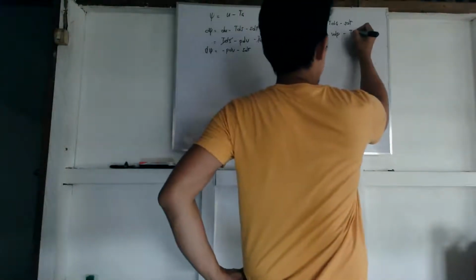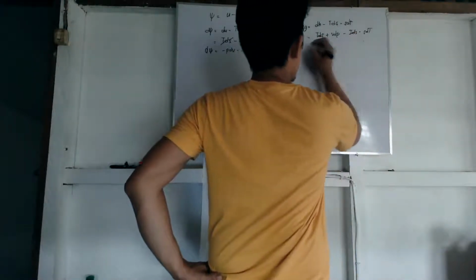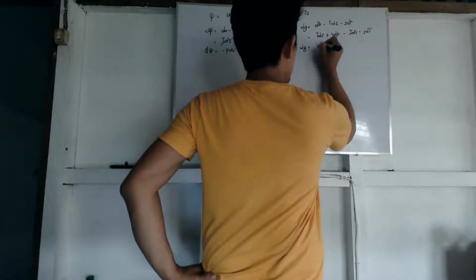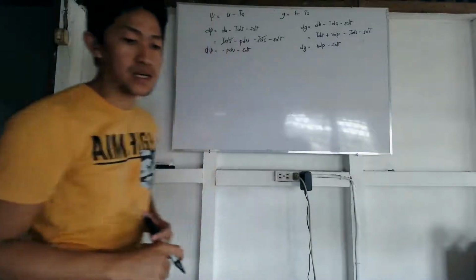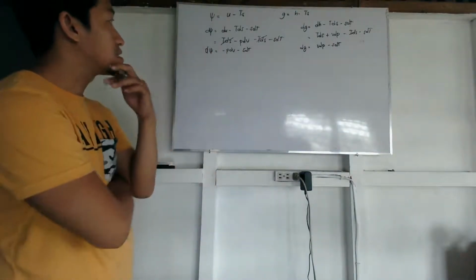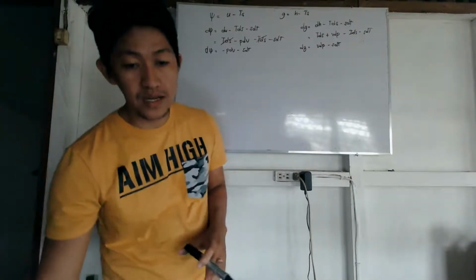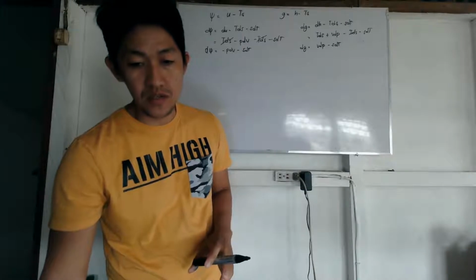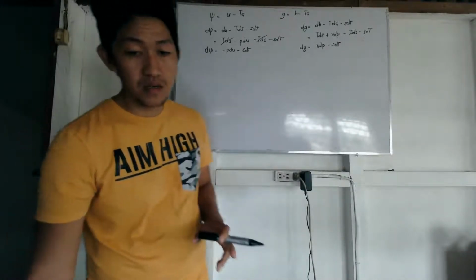Minus T ds minus s dT cancel. The differential of the Gibbs function is v dP minus s dT. Okay? So, una siya ang differential sa Gibbs and Helmholtz function.